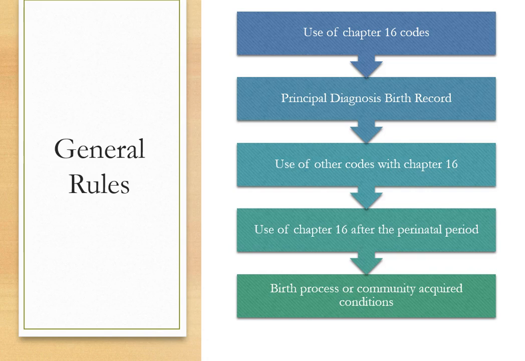So that hospital where they're born, you're going to list the Z38 for the baby being born today, but then on the other record, like if they're transferred, you're going to list why, what necessitated that transfer. Codes from other chapters can be used with chapter 16 if the codes from the other chapters provide more specific detail.